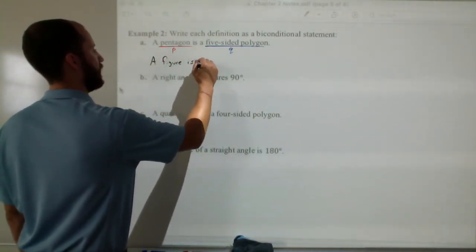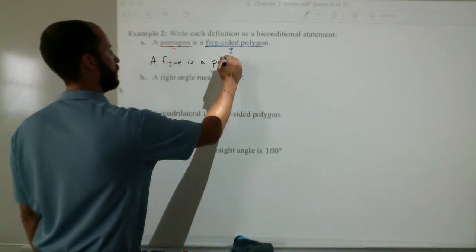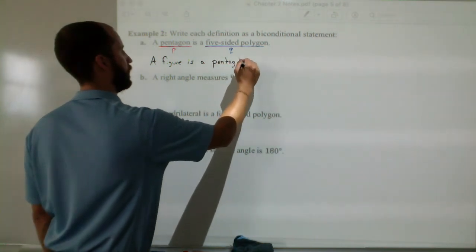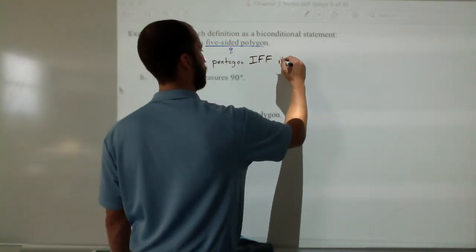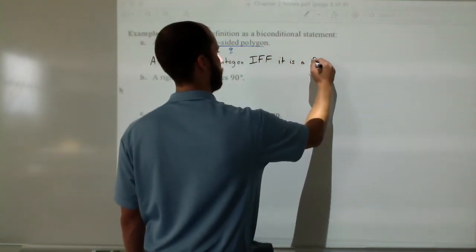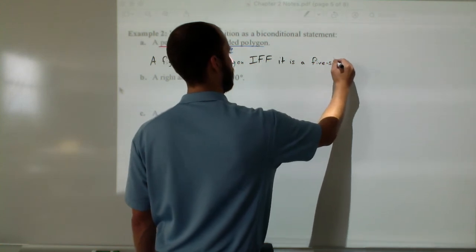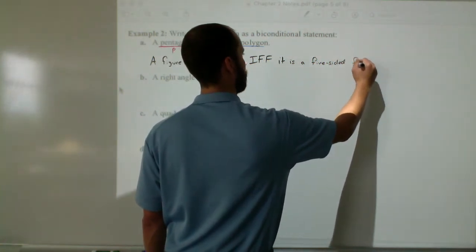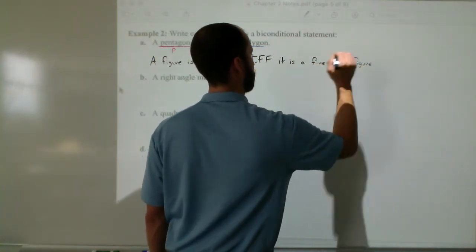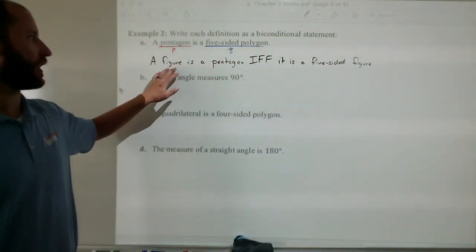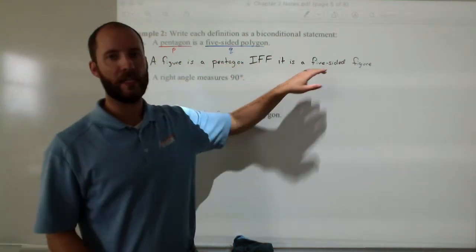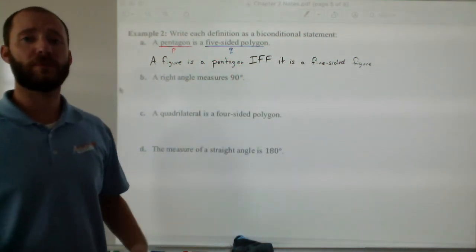So a figure is a pentagon if and only if it is a 5-sided figure. All right, so a figure is a pentagon, general to specific, even more specific. And you could flip this around.